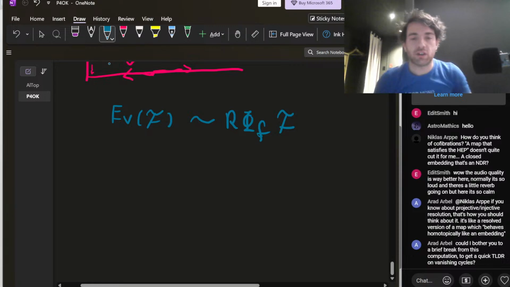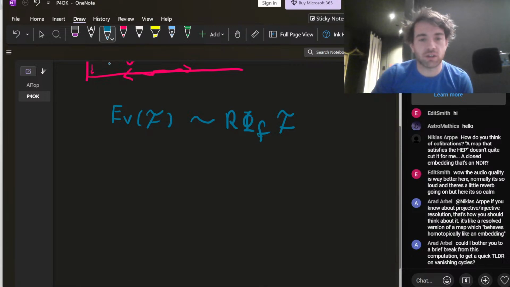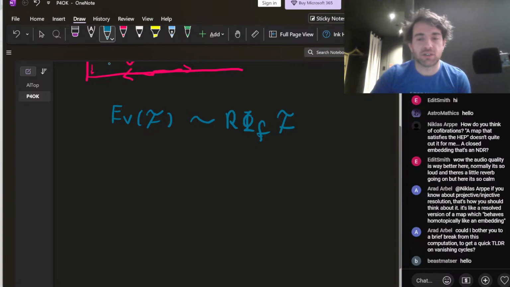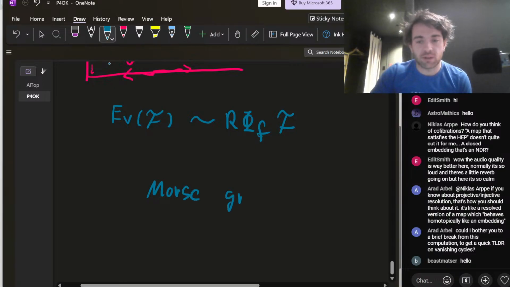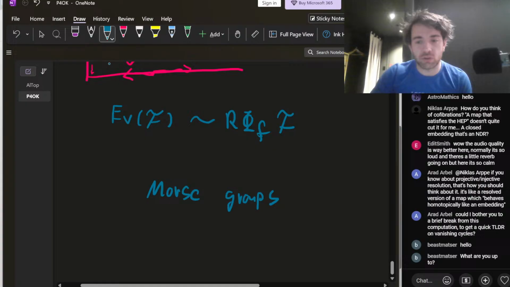I feel like I don't have my head around it. You know what I mean? We can do computations with them. I've done a computation with the vanishing cycles functor, but I feel like I don't really get it. I know that it vaguely has something to do with Morse groups.